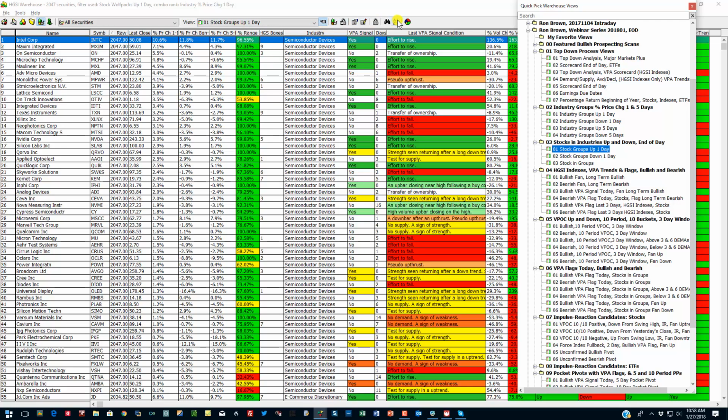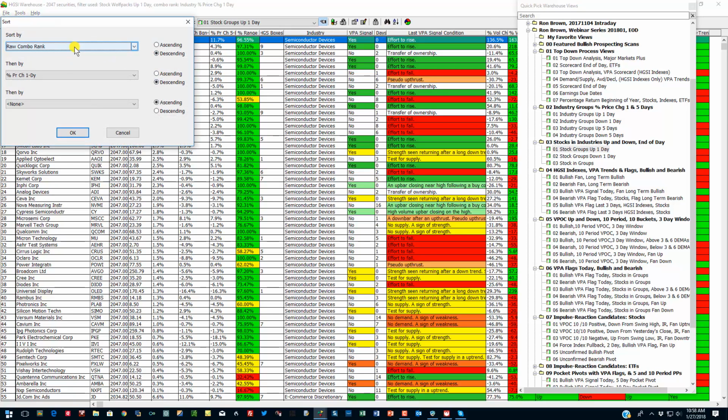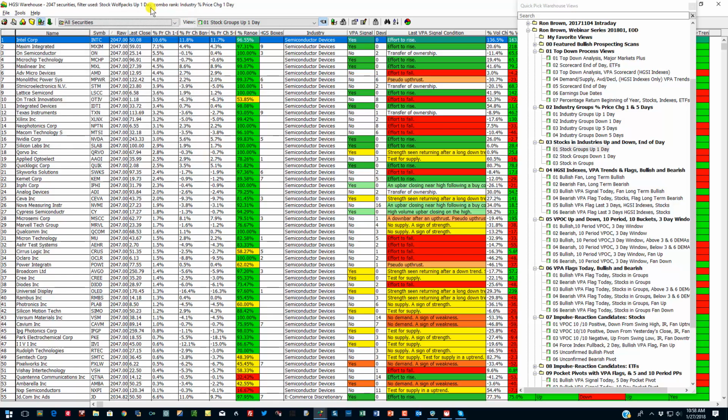Sort's the same, but it's sorted on raw combo rank, but the combo's different, because the combo rank is the industry percentage price change one day, rather than those trends that I showed you at the beginning of the video when I'm looking at the broader markets and the ETF. So this is the one-day move, and then this view reflects stocks that were up.